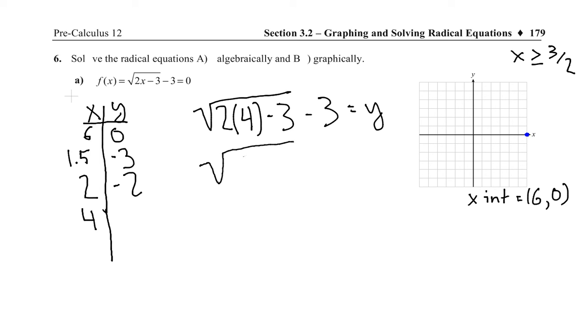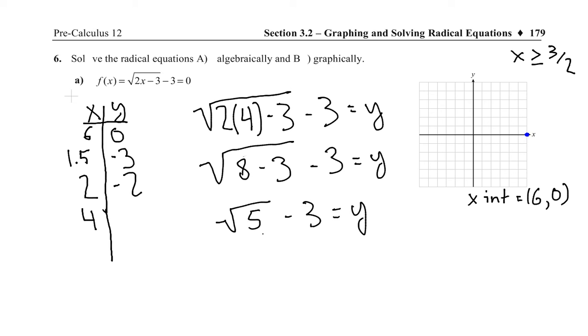So 2 times 4 is 8, minus 3, and then outside minus 3 is equal to y. And then we have the square root of 5 minus 3 is equal to y. It's a bit of an ugly number, but you end up getting negative 0.7 is equal to y. So when x is 4, y is negative 0.7.